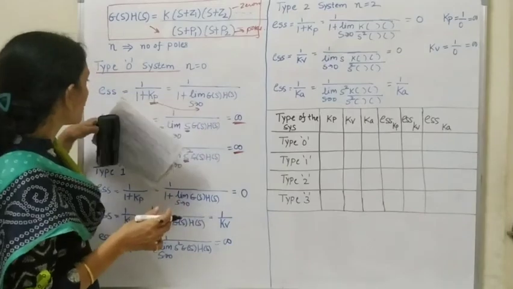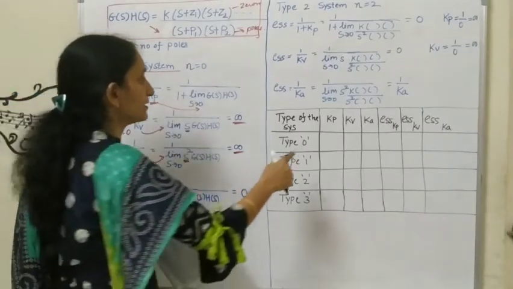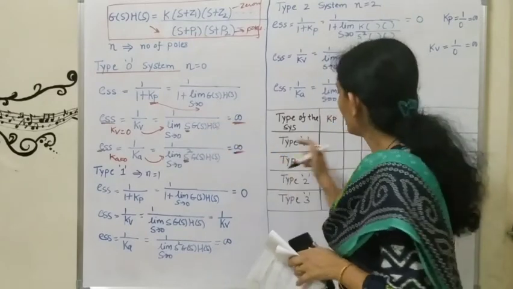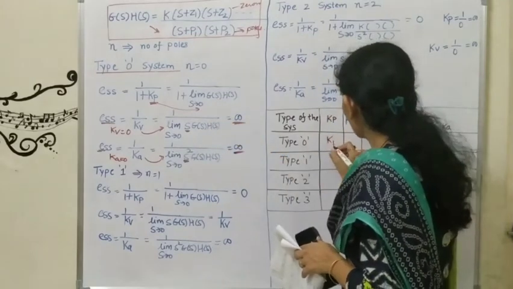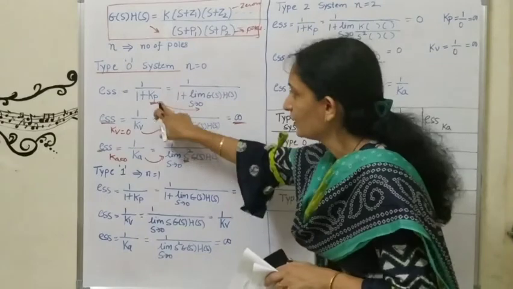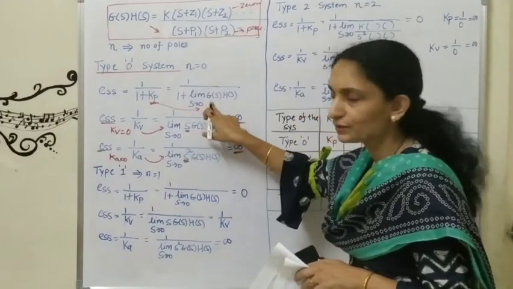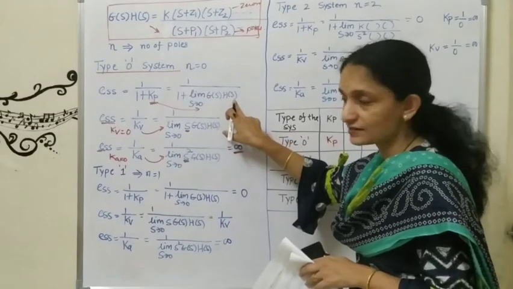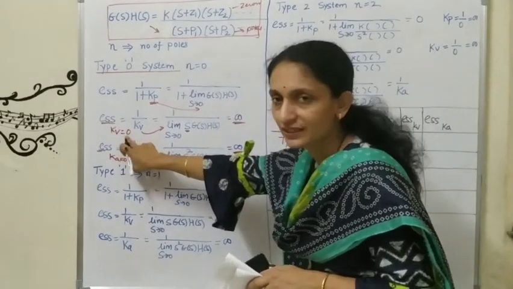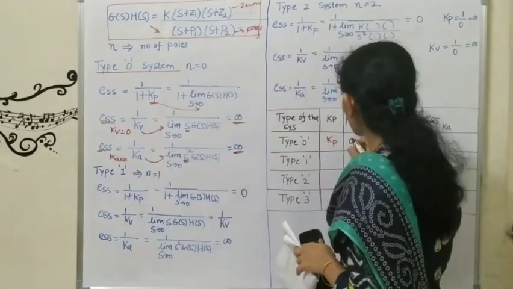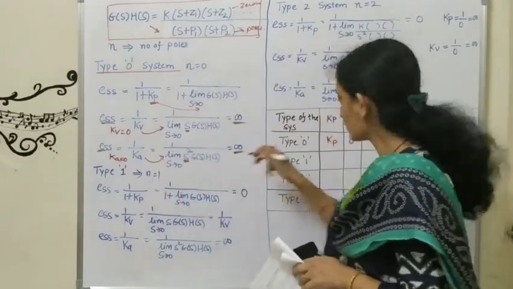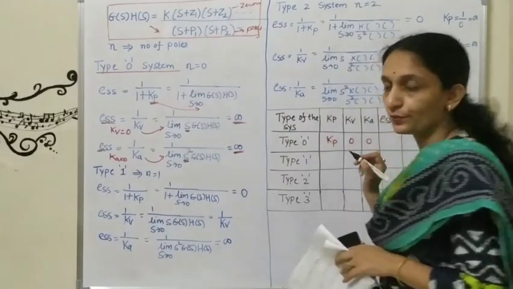So actually, I will substitute the values there. Look at this, Kp for type 0: Kp is the same as the formula, limit s tends to 0 of G(s)H(s), so you substitute it. Kv we got as 0, so I put 0 here. Ka is also 0, so I put 0 here.